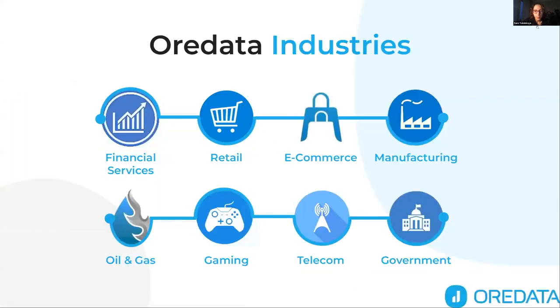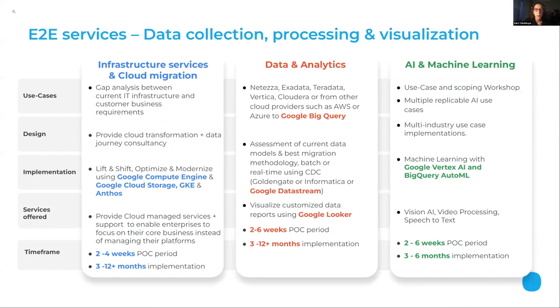Our experience spans various industries such as financial services, retail, e-commerce, manufacturing, oil, gas, gaming, telecom, and government. For the next slide, as you can see, our goal is to empower the digital transformation journey by providing end-to-end services for data collection, processing, and visualization.